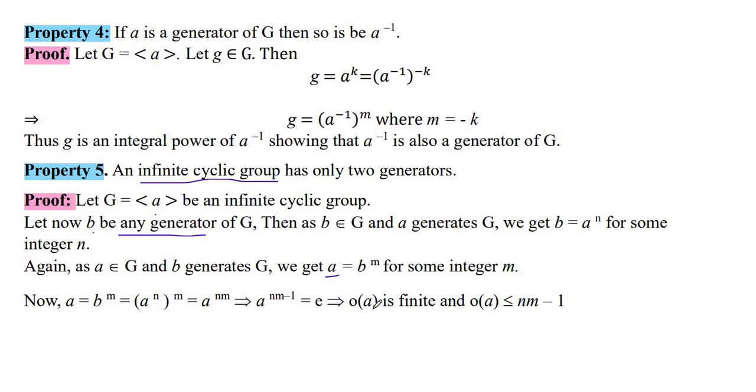This means the order of A is finite, and the order of A is less than or equal to nm minus 1. But we have an infinite cyclic group, so we cannot have this to happen unless nm minus 1 equals 0.